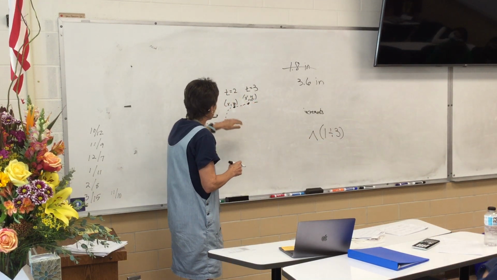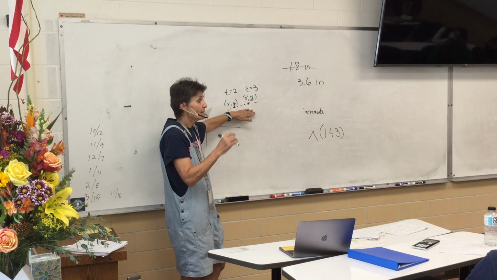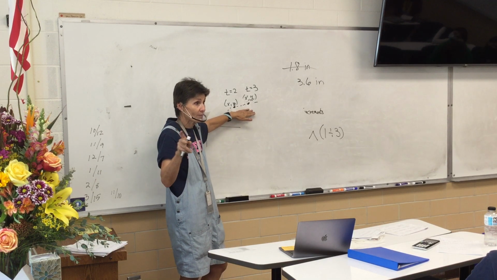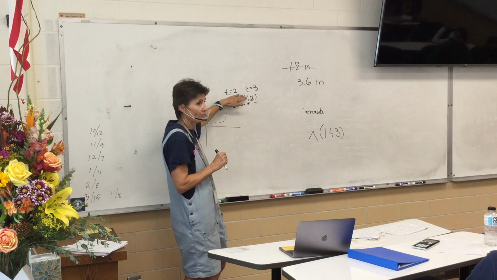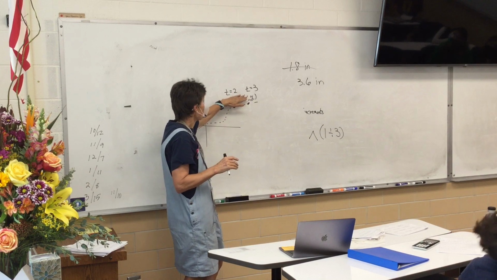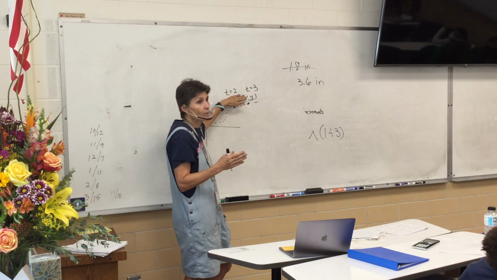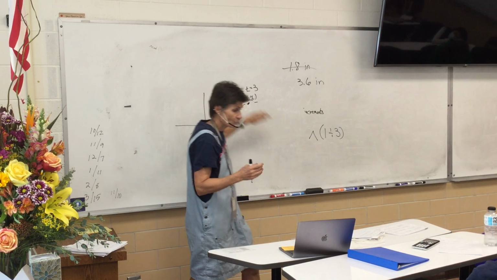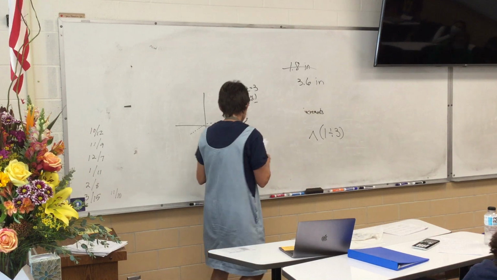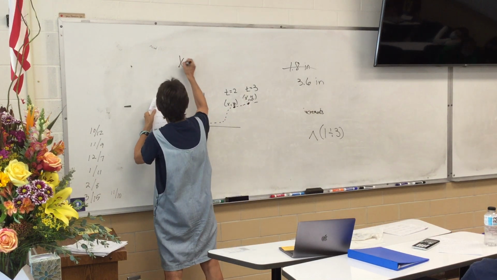When you define x and y in terms of a third variable, which is very often t but not always, that third variable is called a parameter. And the equations that you come up with are called parametric equations. So here's a simple example.